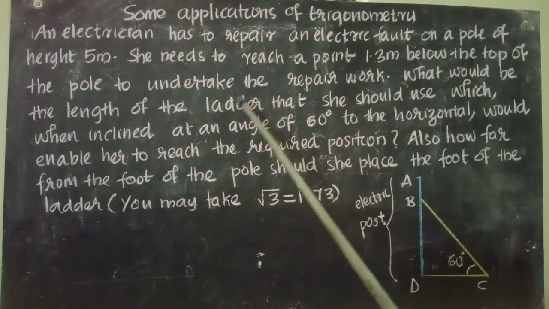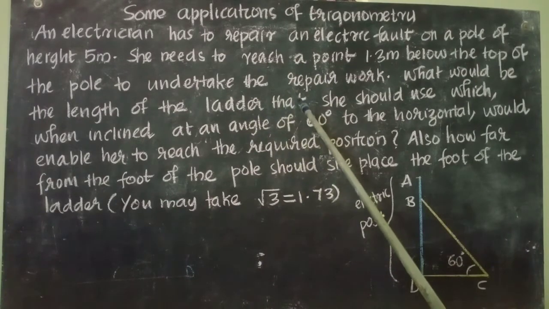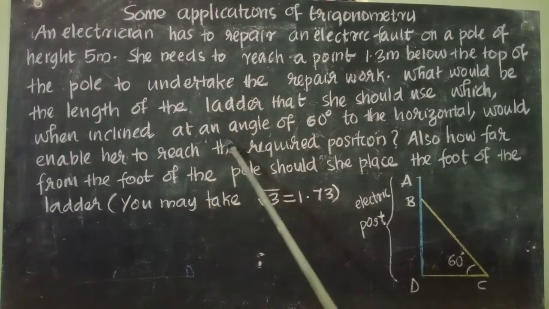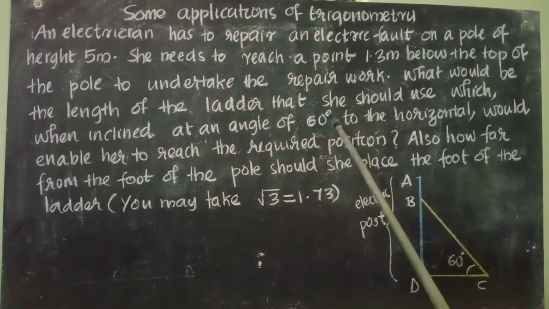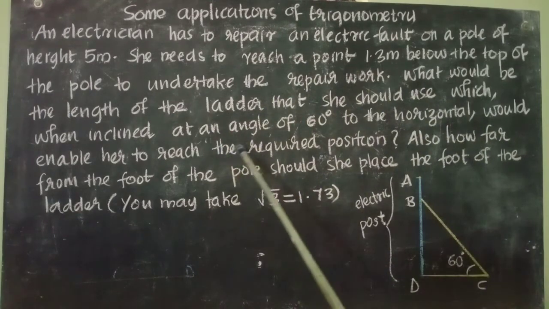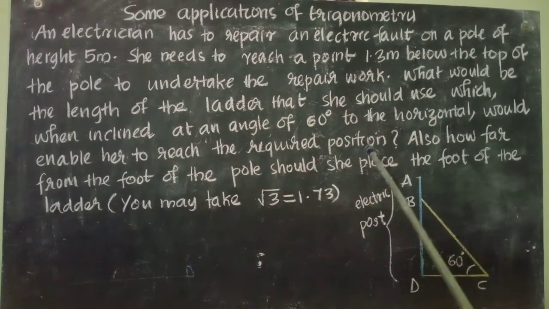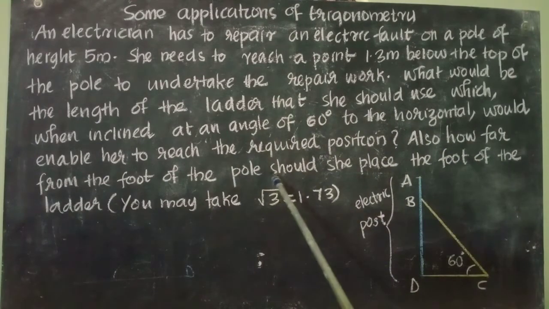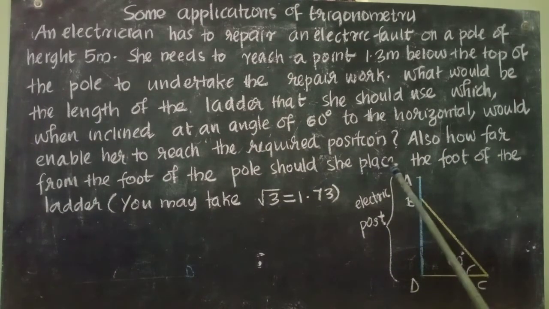What would be the length of the ladder that she should use, which when inclined at an angle of 60 degree to the horizontal would enable her to reach the required position? Also, how far from the foot of the pole should she place the foot of the ladder? You may take root 3 equal to 1.73.